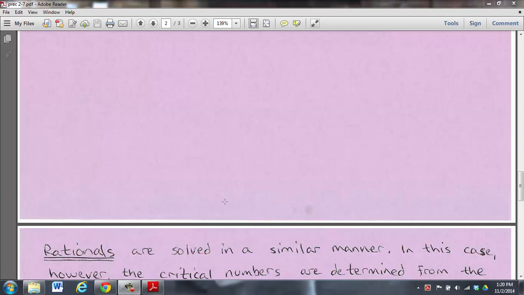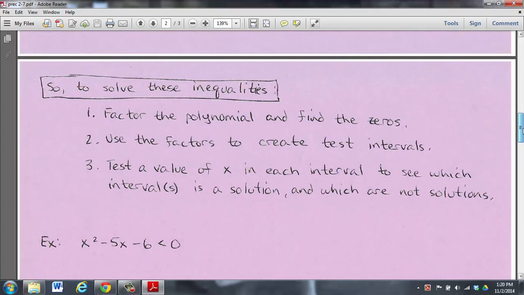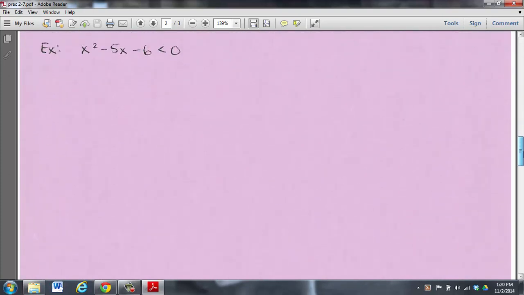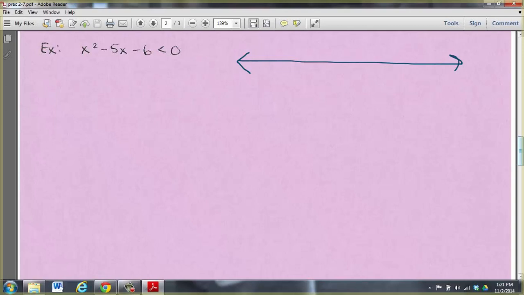Okay, before I go on with the rationals, there's two things that I would like to demonstrate for you. The first one, let's go back to this problem right here. If you remember this problem, when we solved it, it went from -1 to 3 and had these curved brackets.